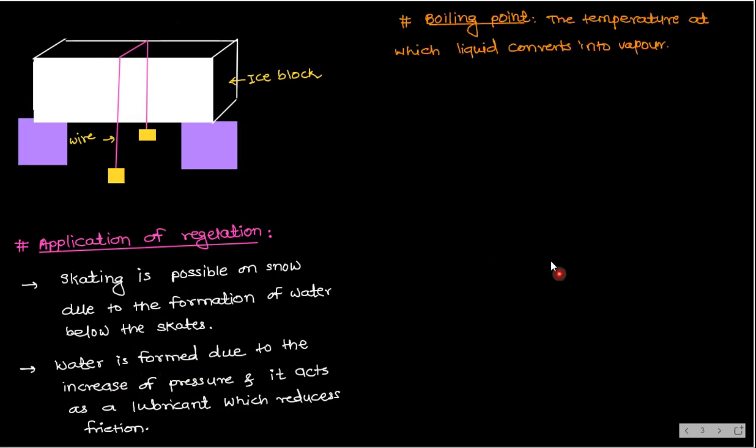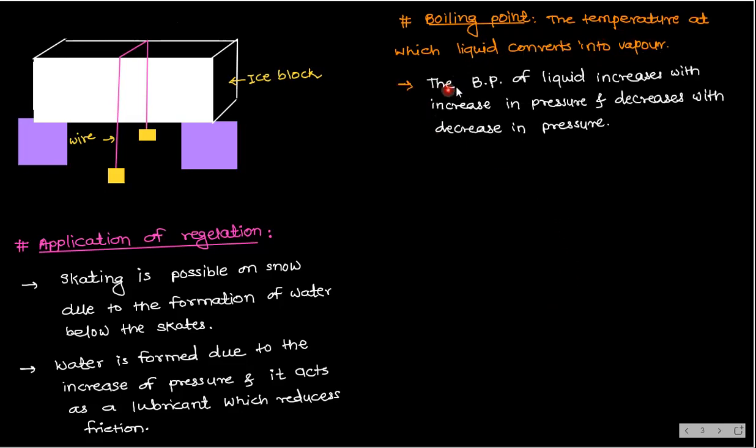Just read carefully. Next, you see boiling point, the temperature at which liquid converts into vapor. You know this. And the boiling point of liquid increases with increase in pressure and decreases with decrease in pressure. More the pressure, more the boiling point; less the pressure, decreases the boiling point, we can say.